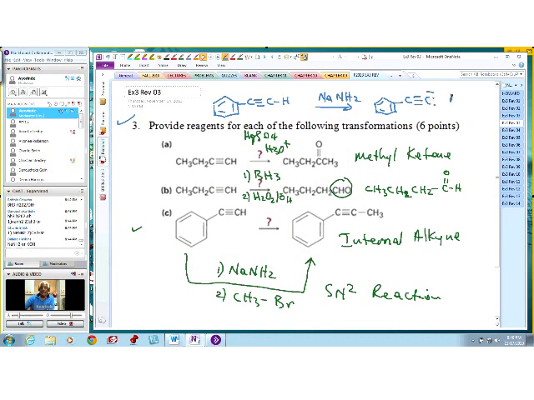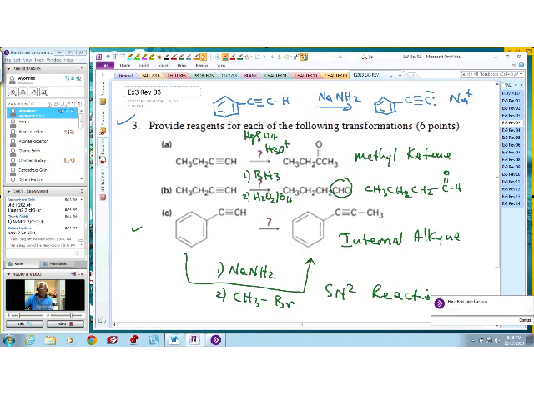So that becomes a nucleophile. That is your acetylide ion. And then this nucleophile comes in to attack the methyl group, and then the bromine leaves as a leaving group.